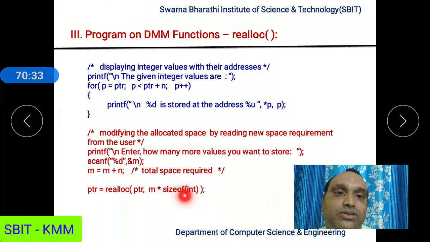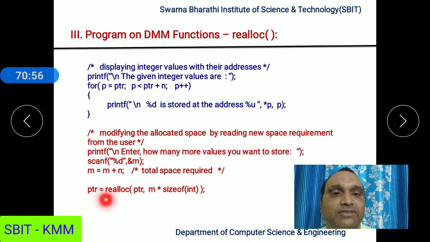Previously PTR was pointing to a location where only 5 integer values are stored, so we have given that PTR, which points to the storage space where only 5 integer values are stored. And then we are asking the realloc function to allocate a contiguous space where 8 elements can be stored.